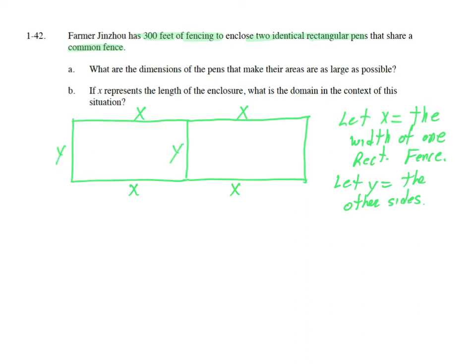Y, Y, Y. So we know that the x's plus the y's have to equal 300. So 4x plus 3y must equal 300 feet of fencing.